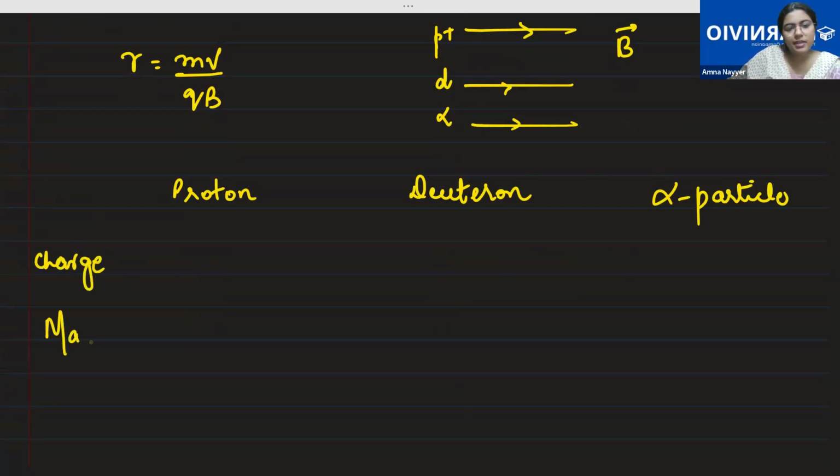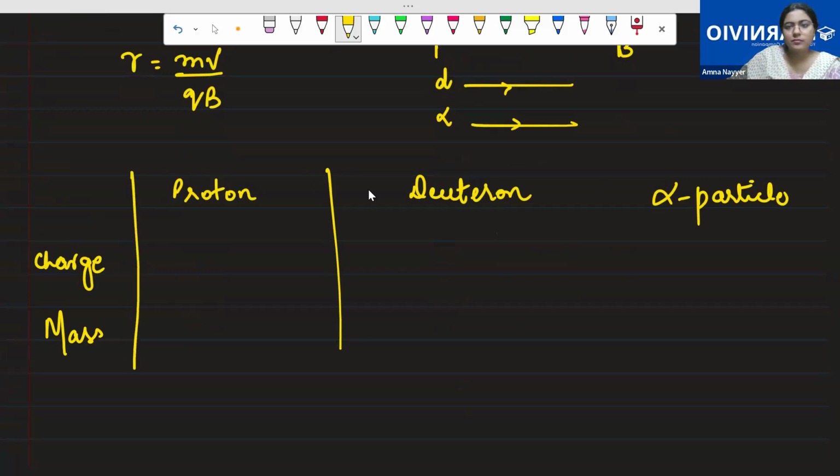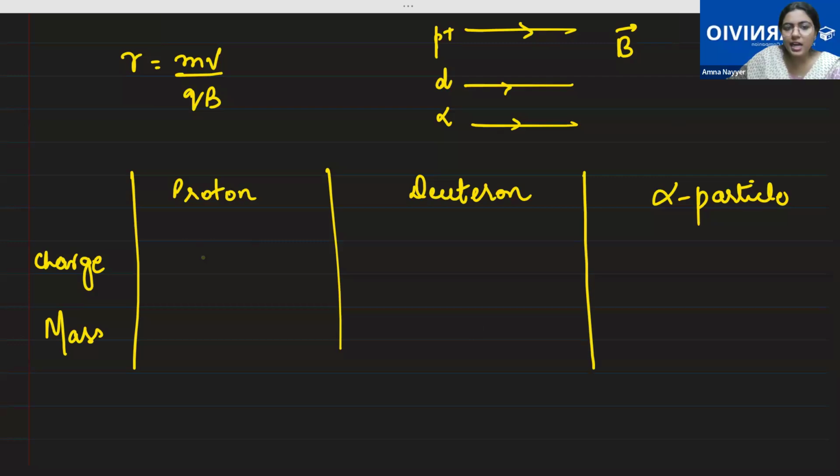Charge is present and mass. There's a relationship between their charges and mass. So the charge of the proton is e. Charge on the neutron is, see, when we talk about the charges and the masses, the ratios have to be taken.